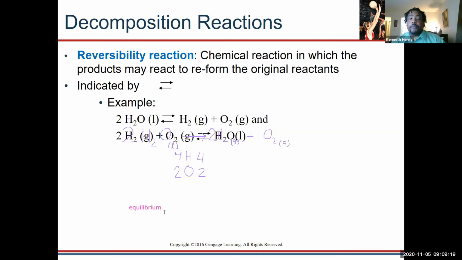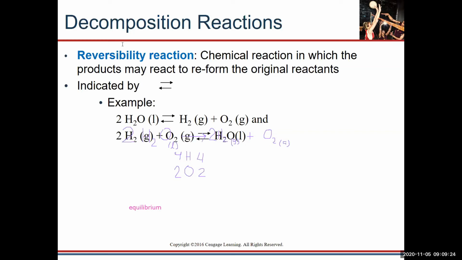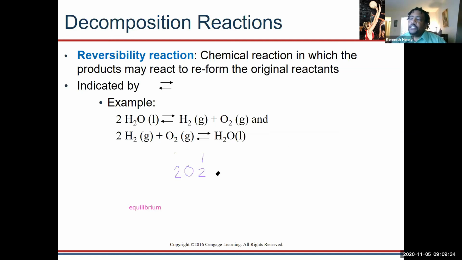Equilibrium. So these double arrows basically mean that this reaction is reversible, meaning it can go both ways. It's going in this direction and it's able to go in that direction. This is a weird way of showing it.